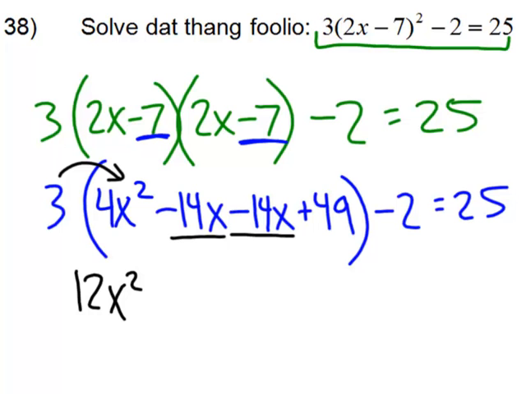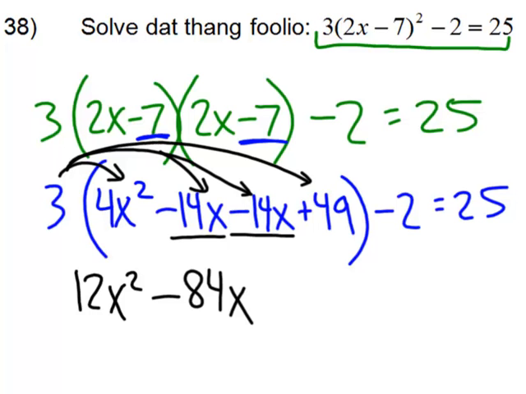Negative 28x times 3 will give us negative 84x. So that was 3 times both of these. Finally, 3 times the plus 49 will be plus 147. We've got a minus 2, and while we're at it, let's go ahead and take this 25 and subtract it over.